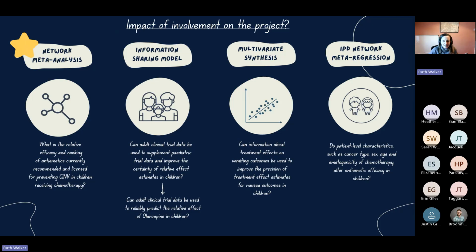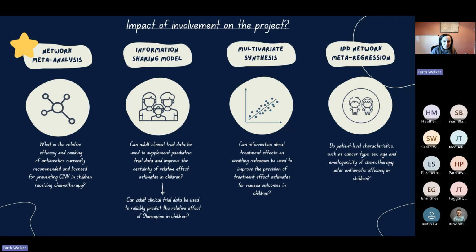So how did the identification of the outcomes impact the project itself? The outcomes were sought in from the aggregate data for the network meta-analysis. And in doing so, we actually identified a lack of these patient important outcomes reported within the clinical trials. Often nausea was poorly reported and the other outcomes which I showed some of were not reported at all.